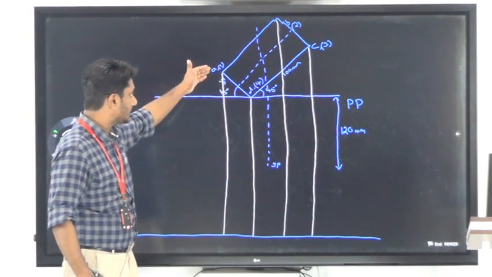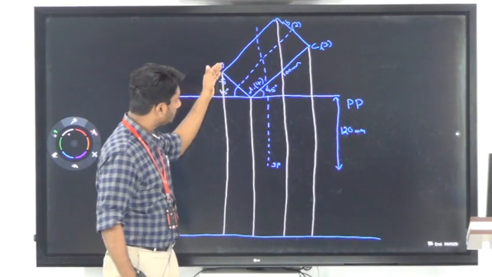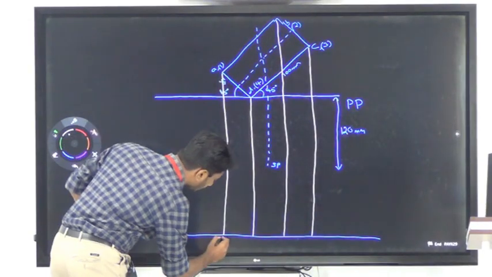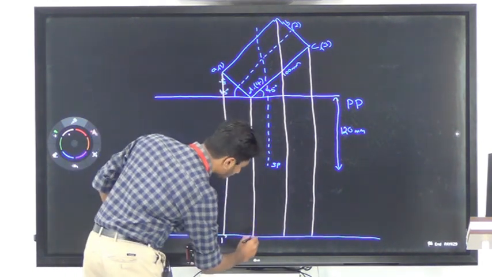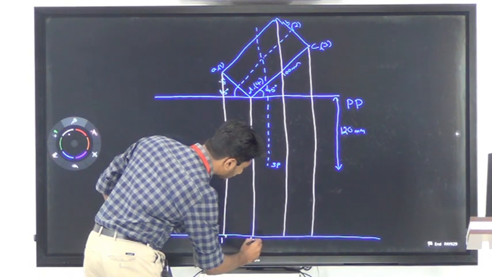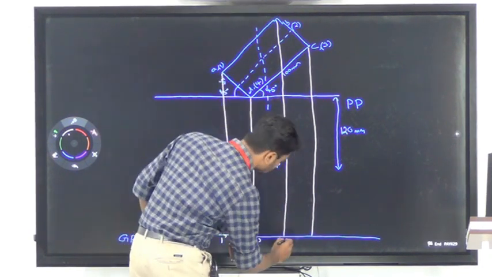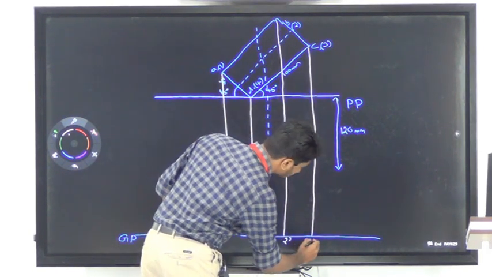So bottom corners are named as 1, 2, 3 and 4. So the corresponding four points in the front view you can mark as 1 dash, then 4 dash, then 2 dash and then 3 dash.